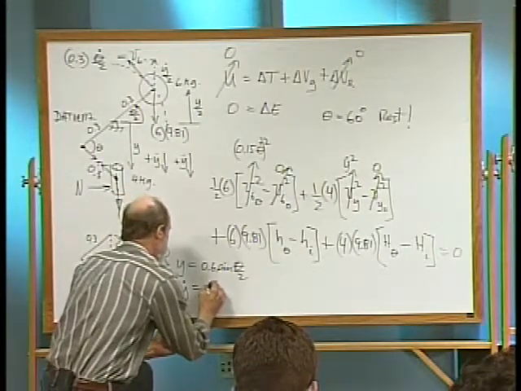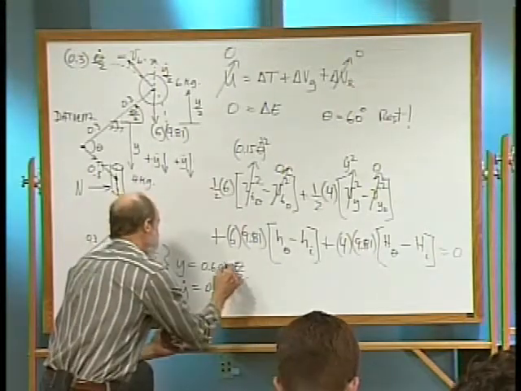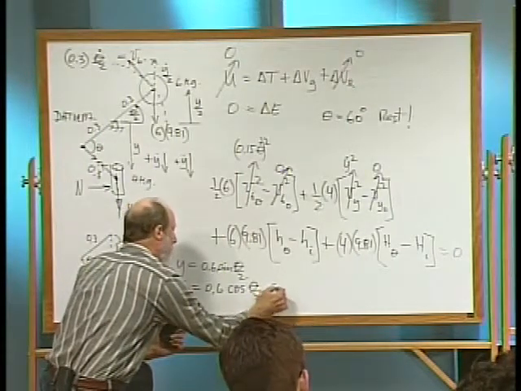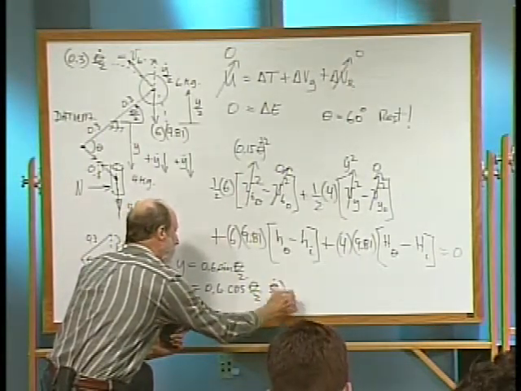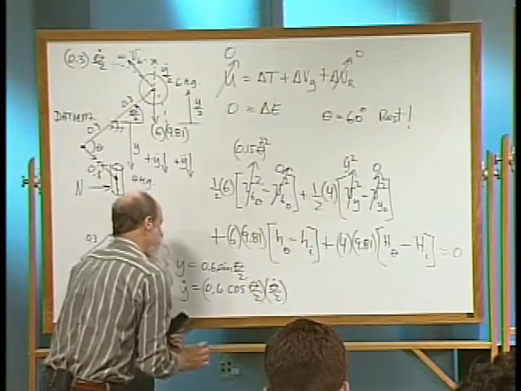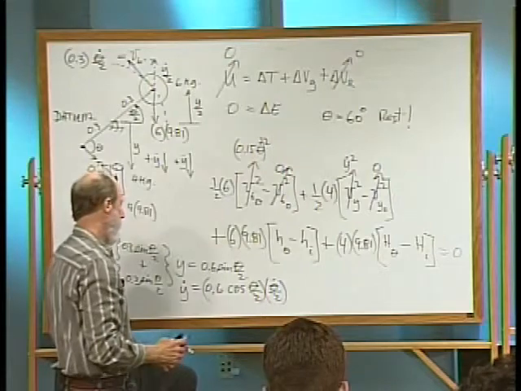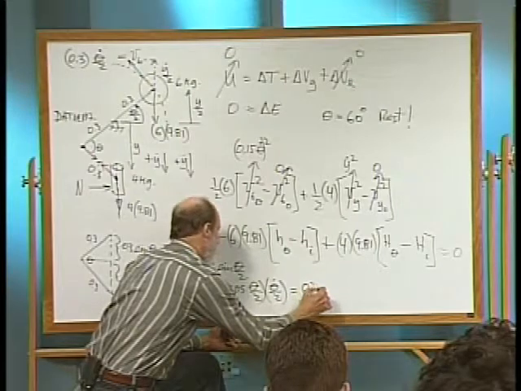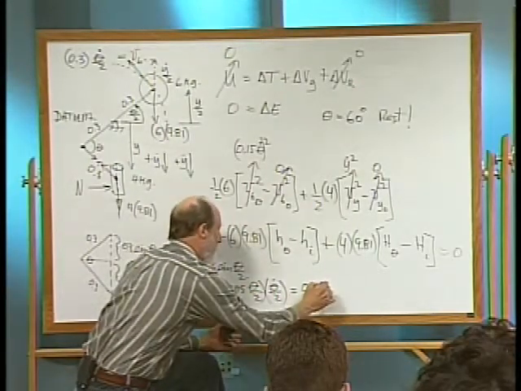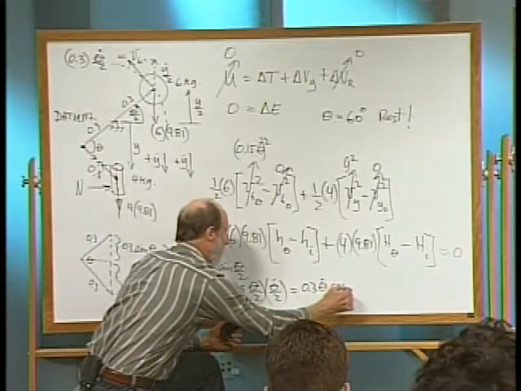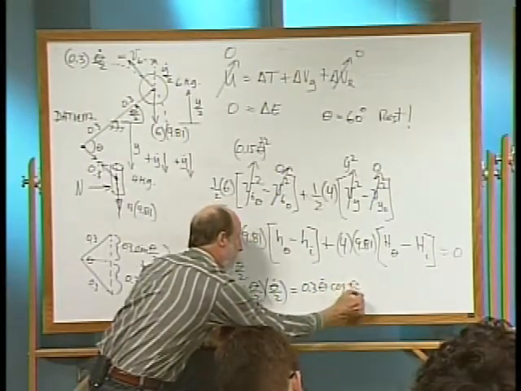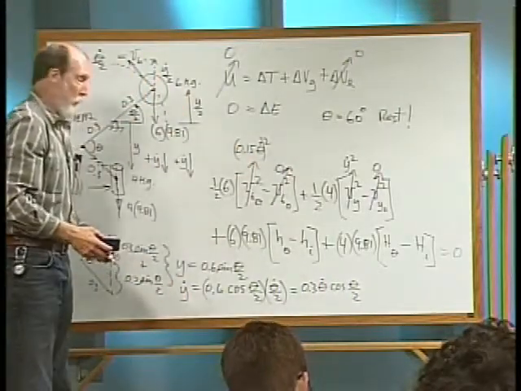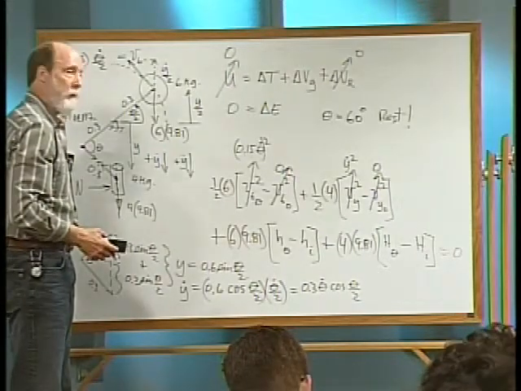I'll just step it through: 0.6 cosine theta over 2 times theta dot over 2, which is then 0.3 theta dot cosine of theta over 2. So that's the relationship that exists between those two parameters.